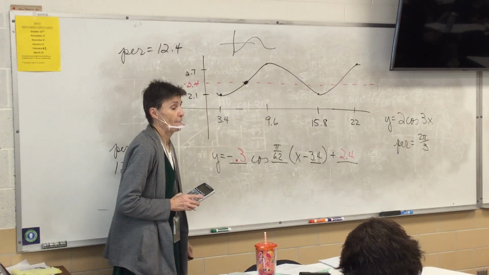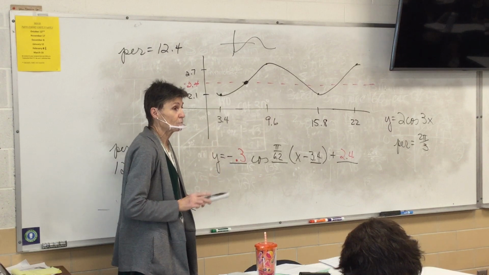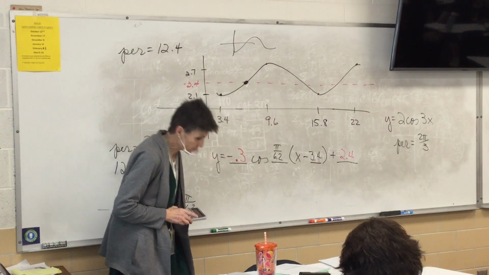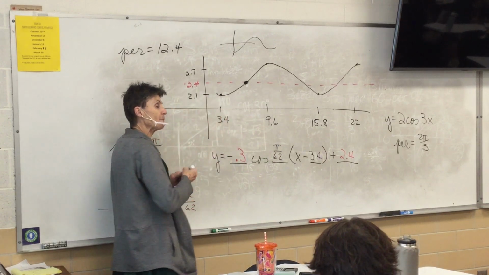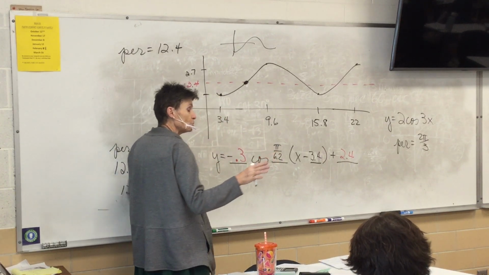What'd you come up with? 2.32 feet? Or meters, whatever our unit is. Meters. Now I want you to think about that for a second. You should be getting 2.32.